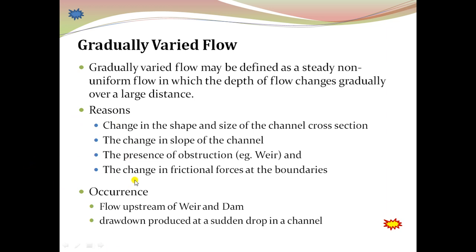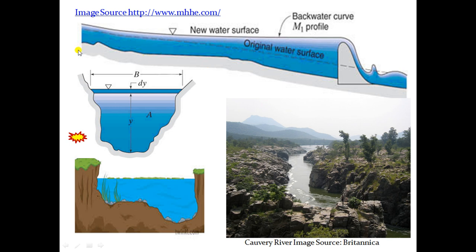The change in slope of the channel also results in gradually varied flow. The presence of an obstruction such as a weir causes gradually varied flow. This diagram shows a longitudinal profile of a natural channel, which is a river.